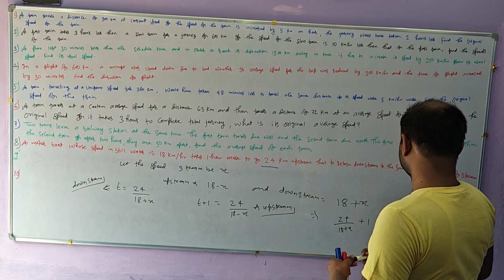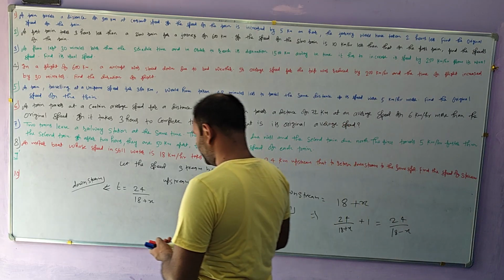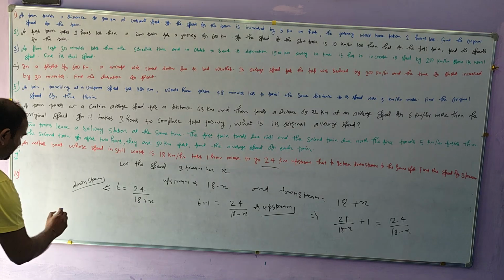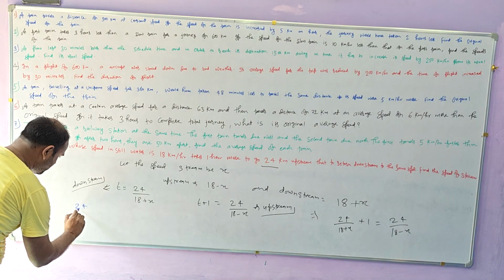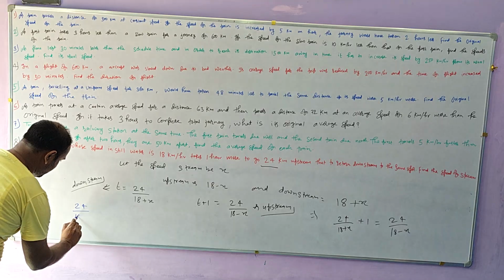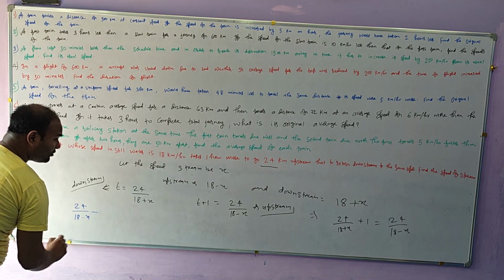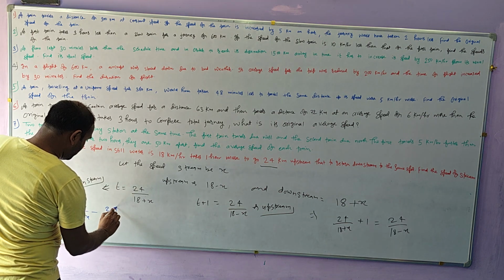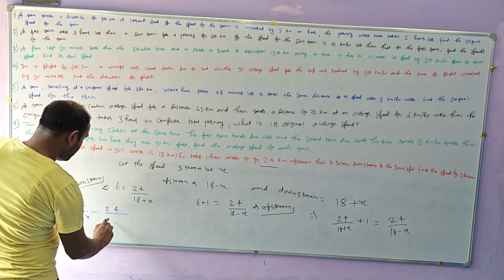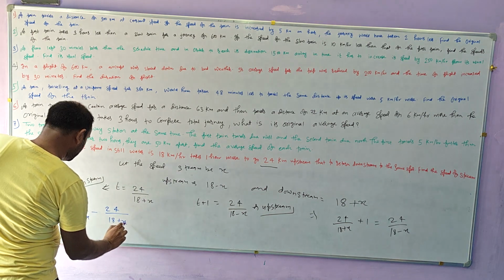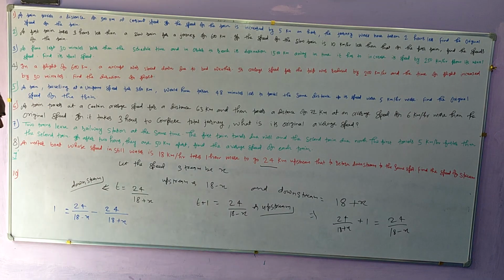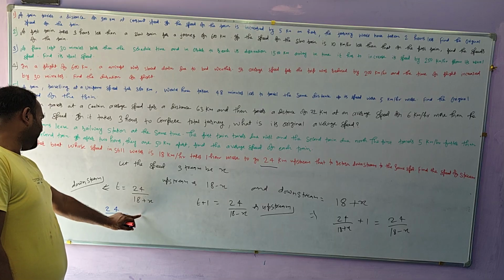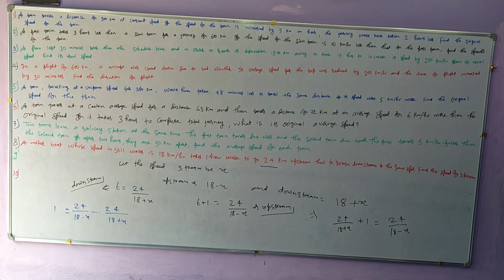When we transfer this to the right side, we get 24 upon 18 minus x minus 24 upon 18 plus x, equal to 1.